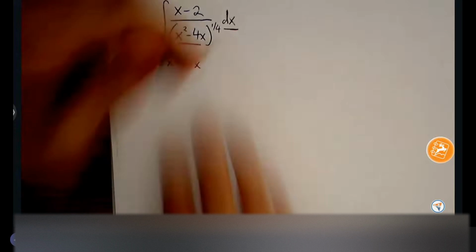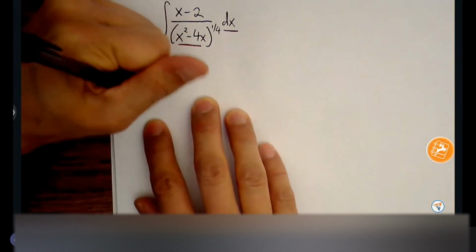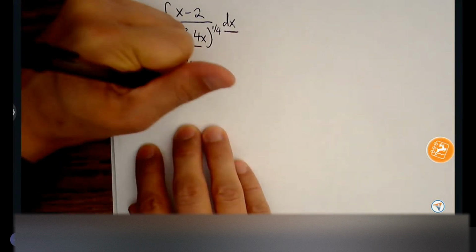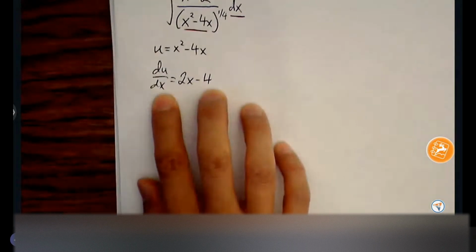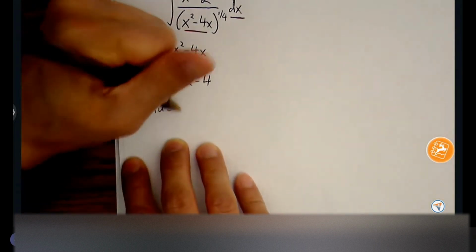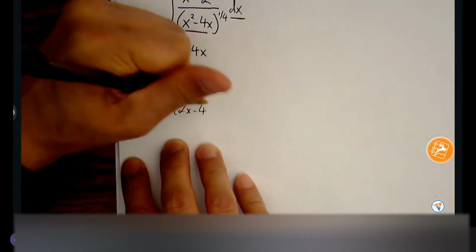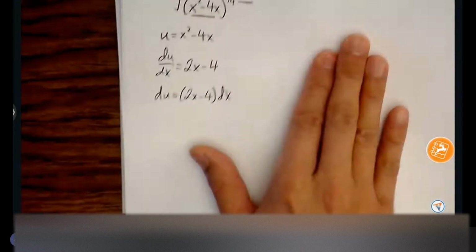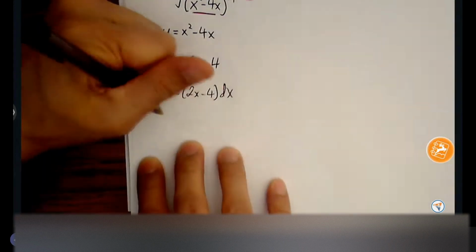Okay. du dx. Cross multiply. Divide by 2x minus 4.